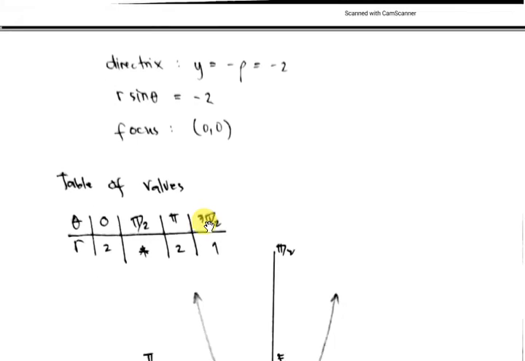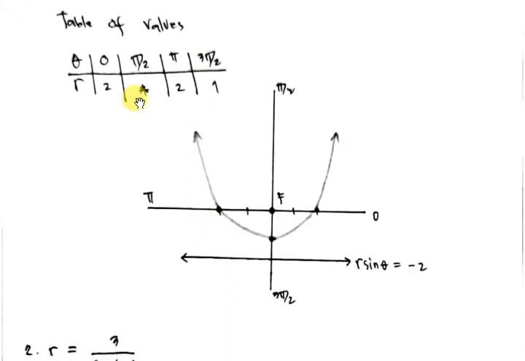To graph the conics, we use a table of values. We have theta and r, given theta of 0, pi over 2, pi, and 3 pi over 2. When theta is 0, r is 2. Why?